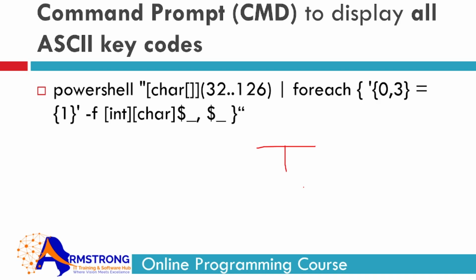Now I just said let's assume we have letter A, in caps of course. We realize that its ASCII code is 65.